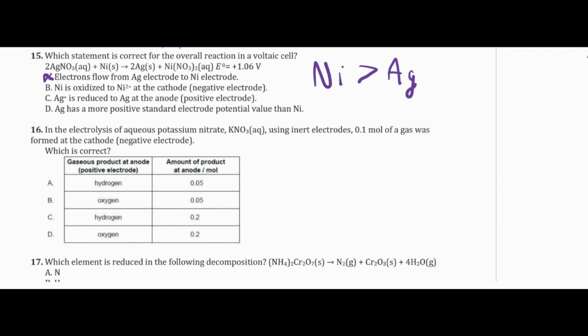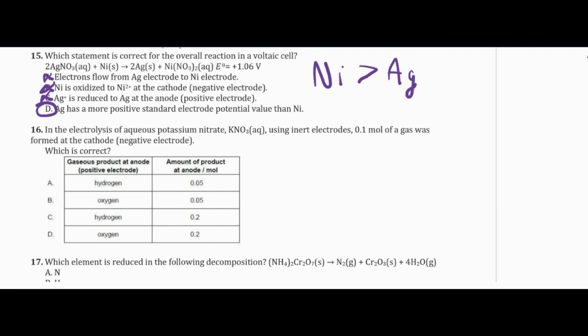It would have to be the other way around. Nickel is oxidized at the cathode. No, oxidation always occurs at the anode. The silver plus ion is reduced at the anode again. Well, that can't be right, which means it must be D.